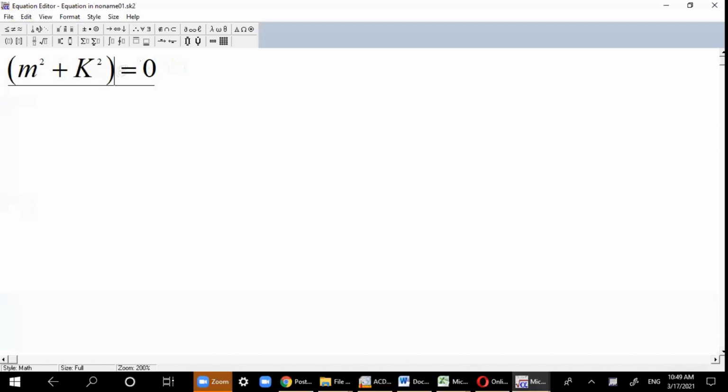Now the condition is m square plus k square equal to 0. It gives us a complex number: m square is equal to minus k square.